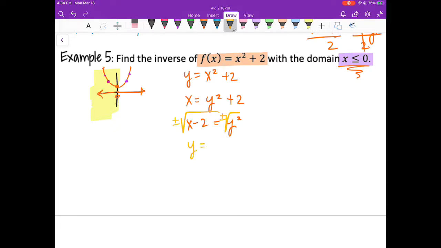So normally we would have y equals the positive or negative square root of x minus 2. Now, if we think about what this would do to our graph, it actually makes a sideways parabola, which is kind of fun.